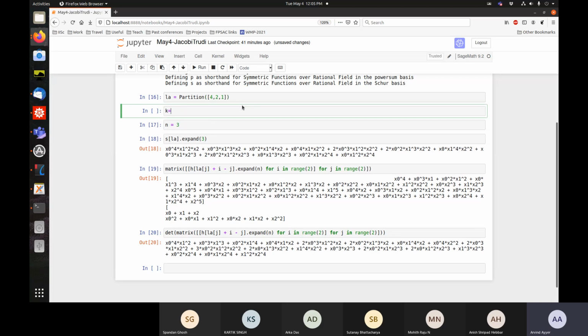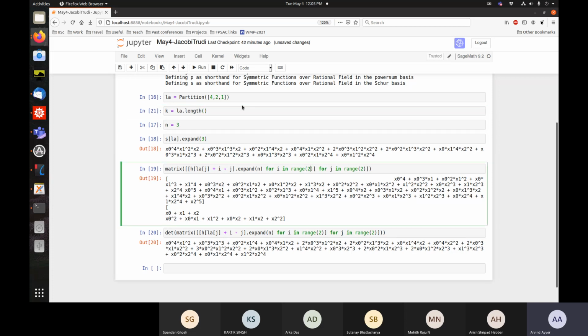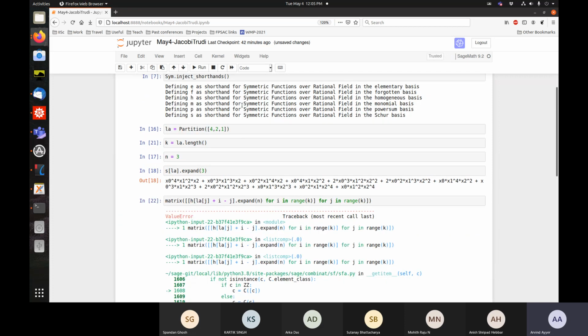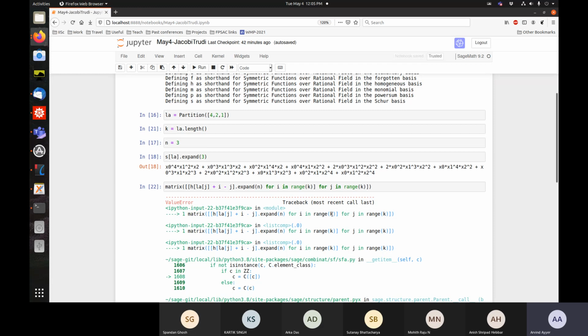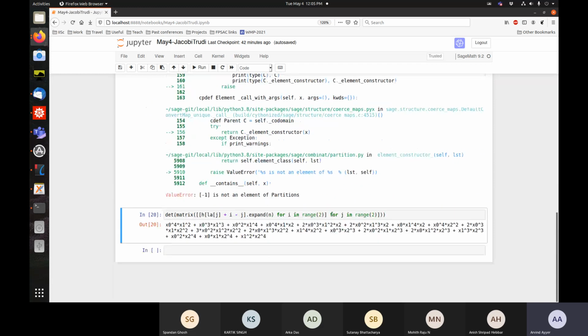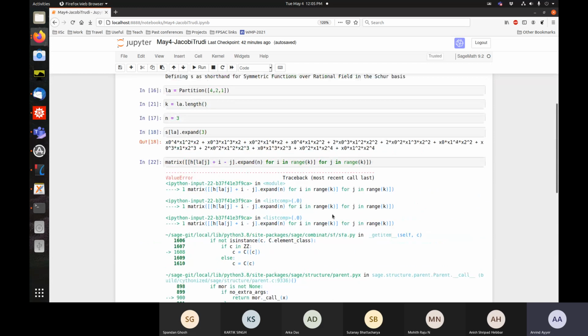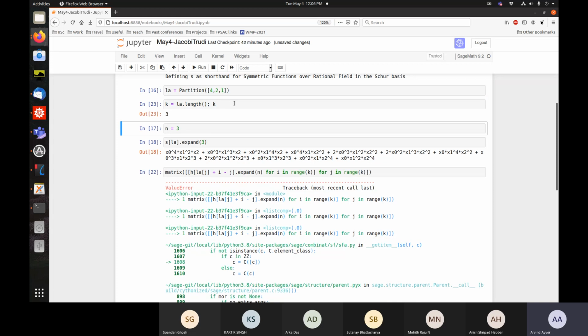So maybe I should have done k equals... this is a lot of length. That should be k. Oops. K is 3.